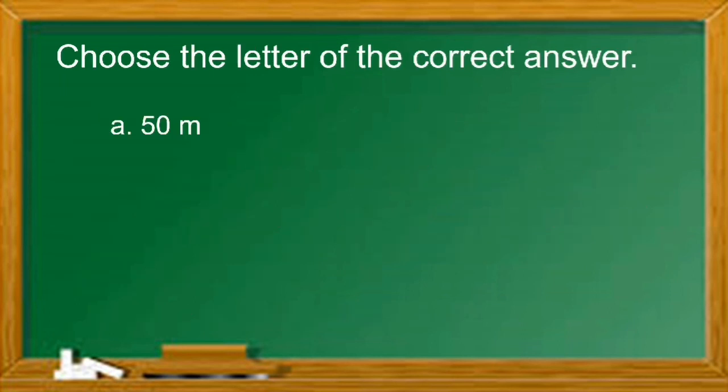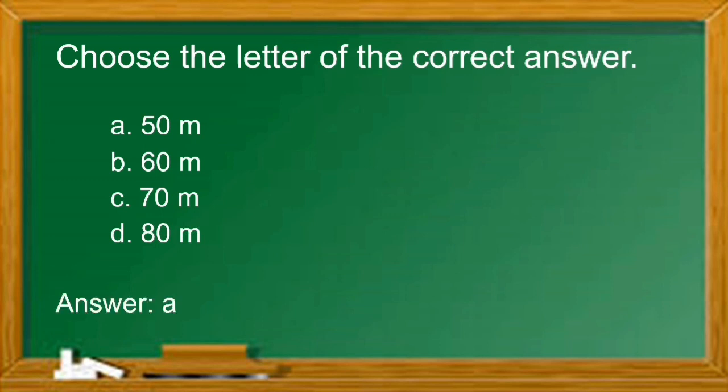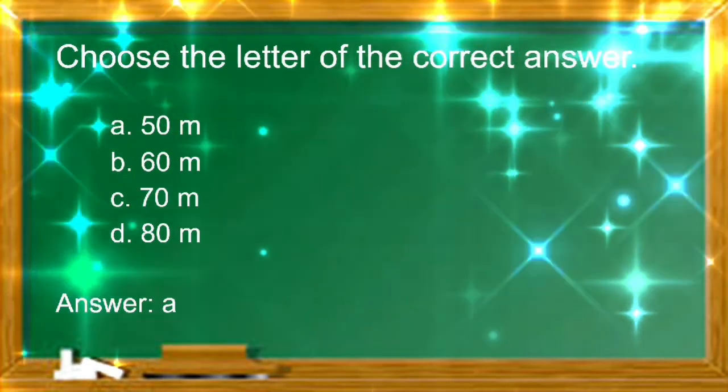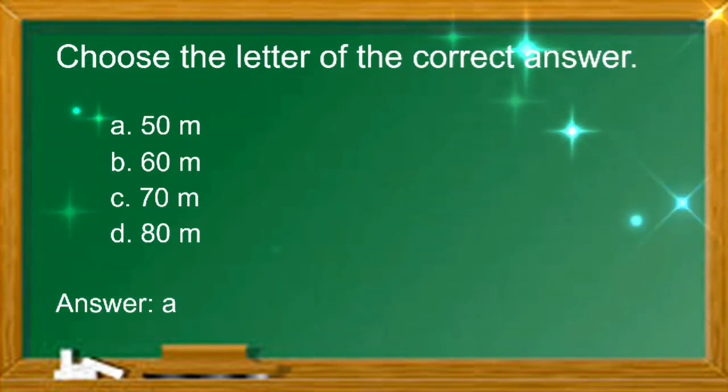Is it A, 50 meters, B, 60 meters, C, 70 meters, or D, 80 meters? And the answer is A, 50 meters. Did you get it correctly? Great job!